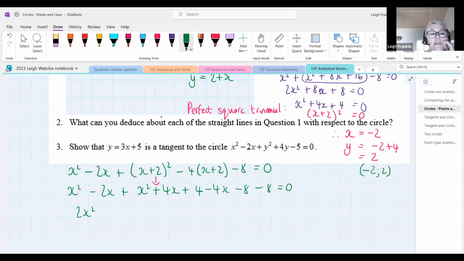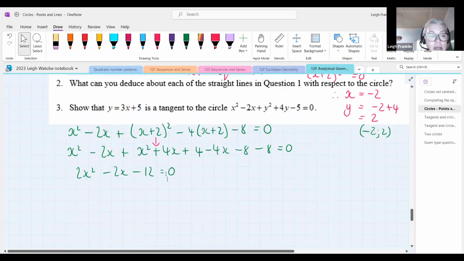Now it's correct. So over here, we would end up with 2x squared minus 2x, and then we've got 4 minus 8 minus 8, so that would leave us with negative 12, right? Yes. Divide by 2.